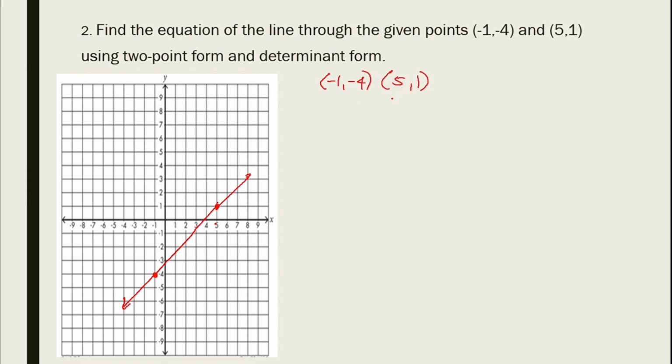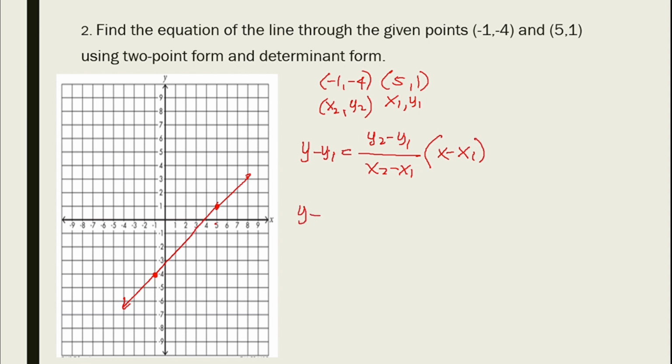We will make use of this one as our x sub 1, y sub 1, because as I stated a while ago, we could interchange. And this is our x sub 2 and y sub 2. Alright, so we have y minus y sub 1 is equal to y sub 2 minus y sub 1 over x sub 2 minus x sub 1 times x minus x sub 1. So y minus, y sub 1 here is 1.